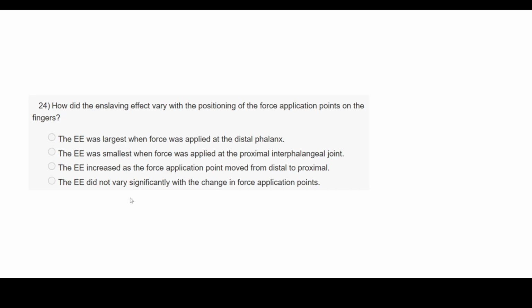How did the enslaving effect vary with the positioning of the force application points on the fingers? The experiment was done for the distal phalanges, for the EXP-PIP and the EXP-DIP. These three conditions were considered. The EE was largest when the force was applied at the distal phalanx. The EE was smallest when the force was applied at the proximal interphalangeal joint.